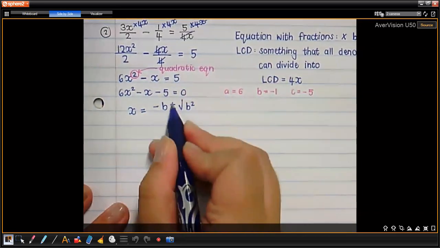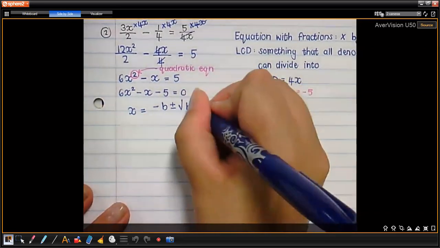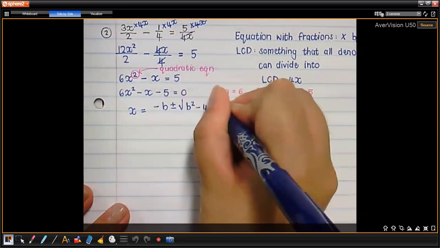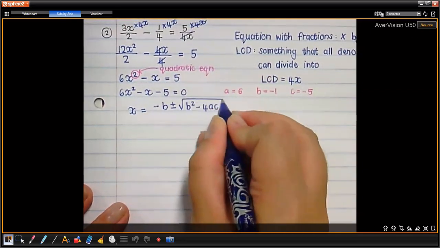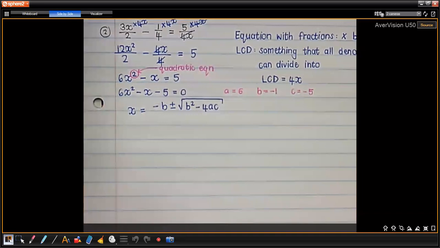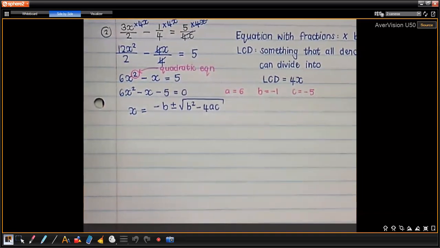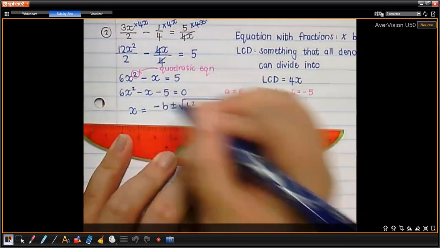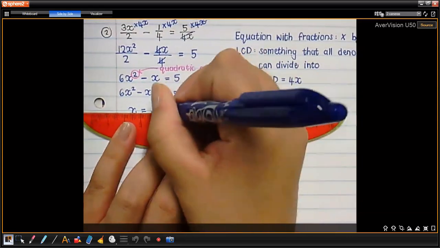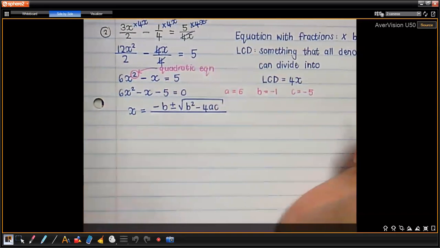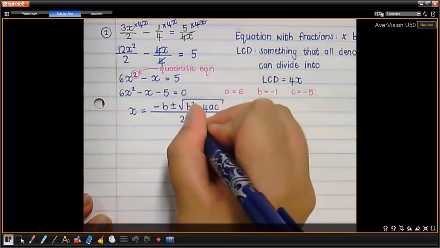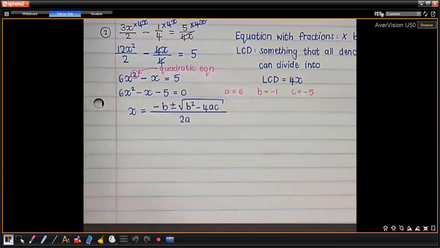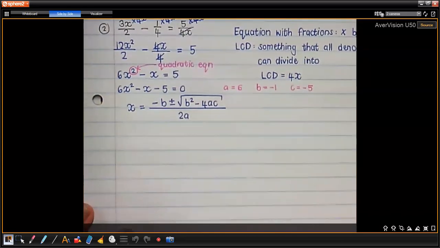So negative b plus or minus the square root of b squared minus 4ac, and that is then over 2a.